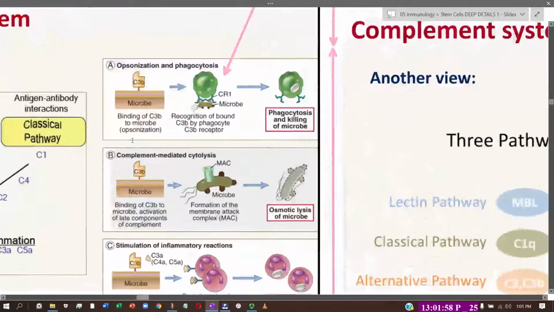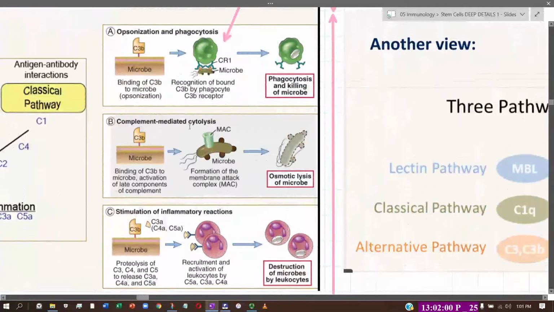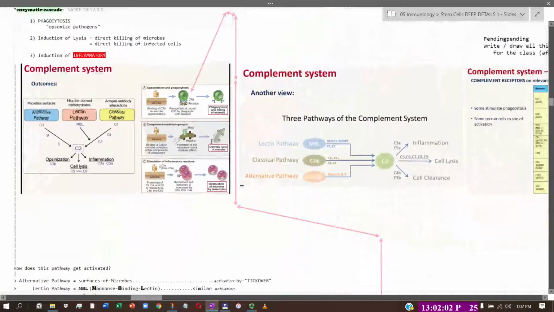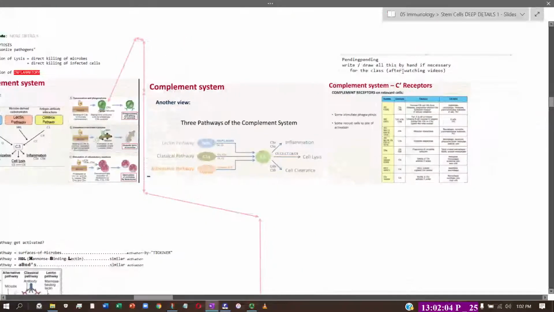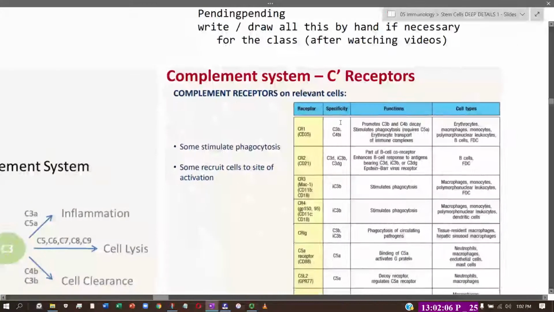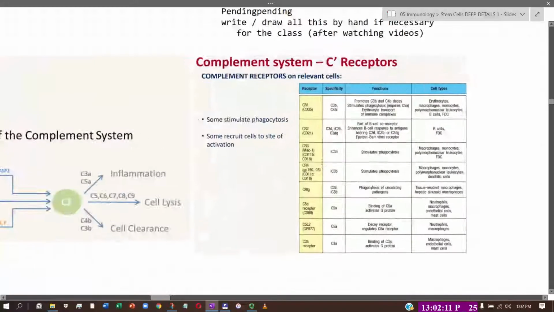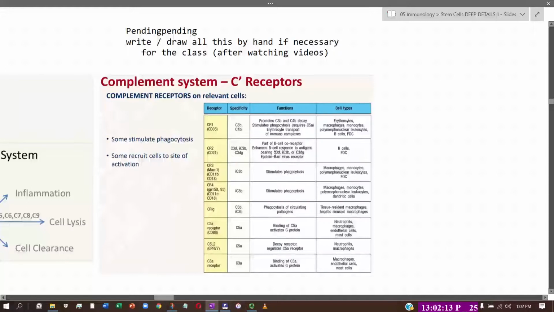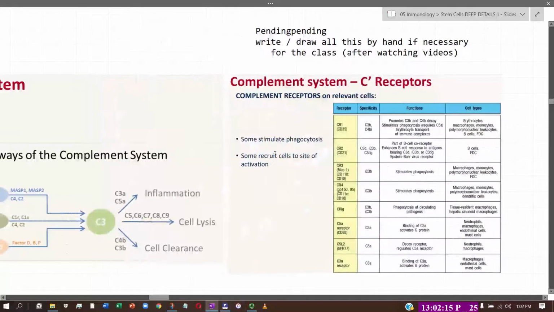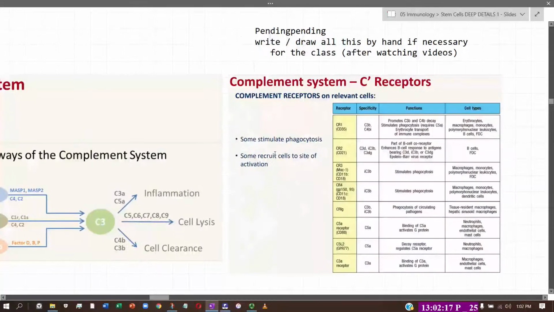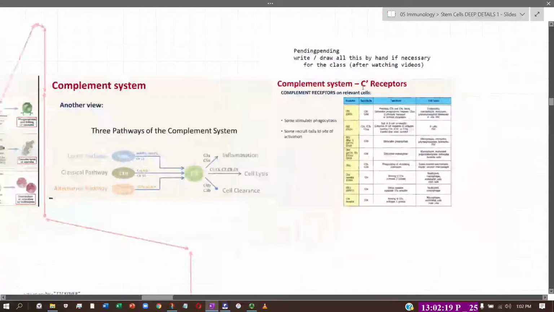Here are these details. We'll come back to that as soon as possible. So what's pending? It might or might not be necessary to redraw all of this by hand in order to memorize it. We'll come back to that if necessary.